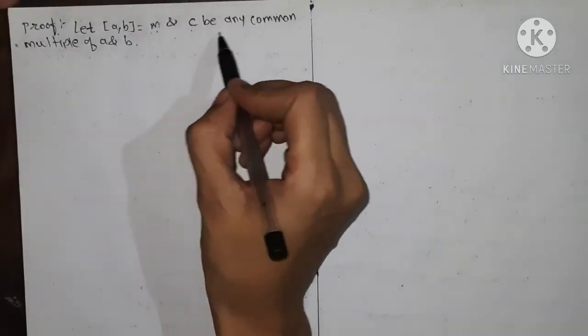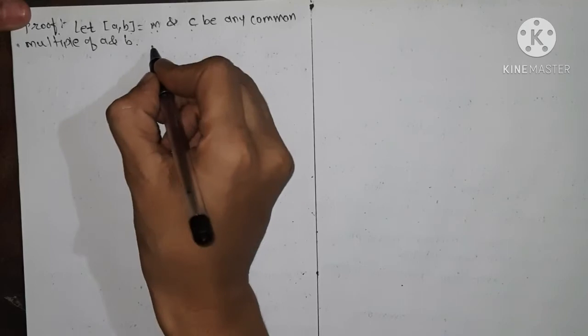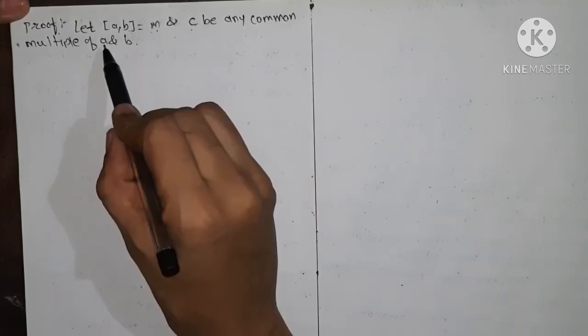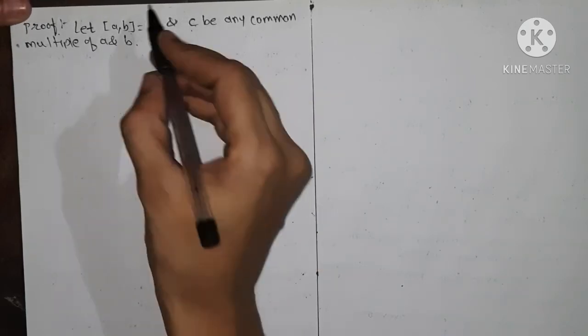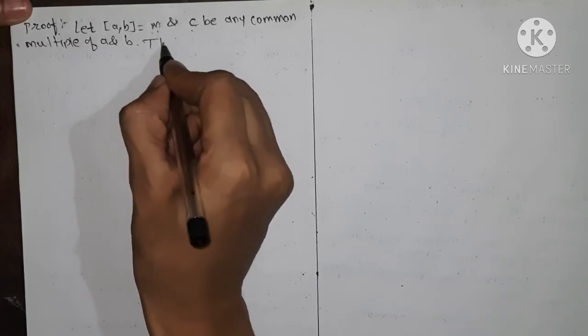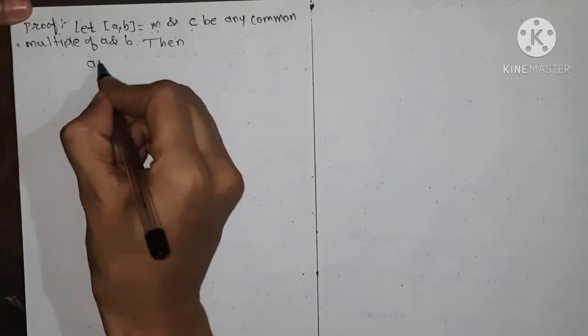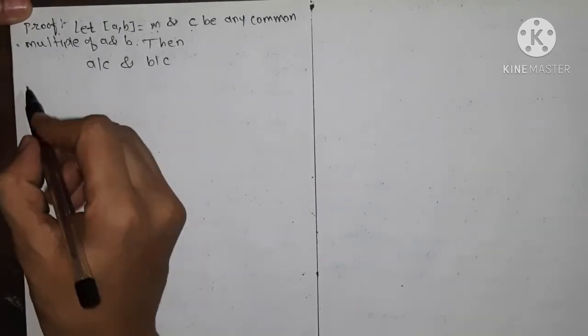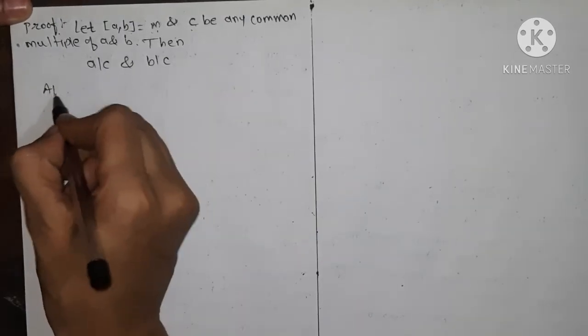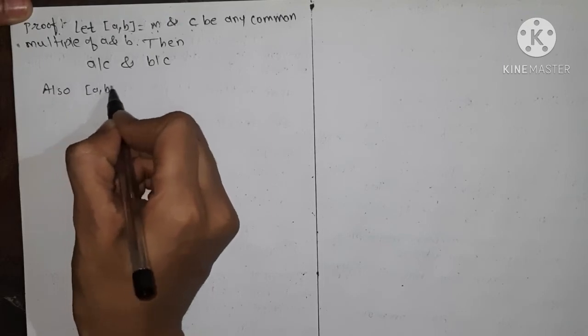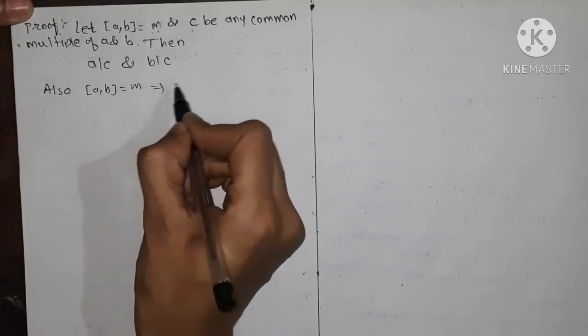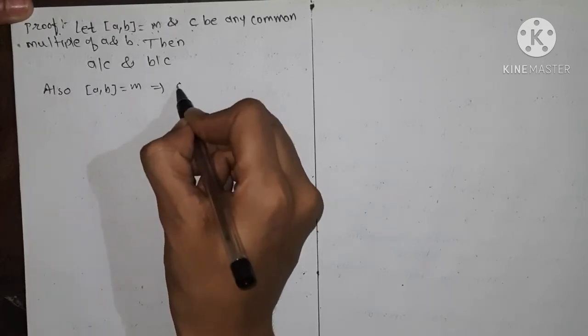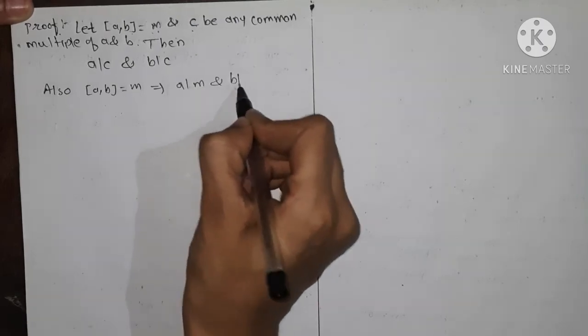As c is a common multiple of a and b, a divides c and b divides c by the definition. So we write a divides c and b divides c. Also, the LCM of a, b equal to m implies a divides m and b divides m.